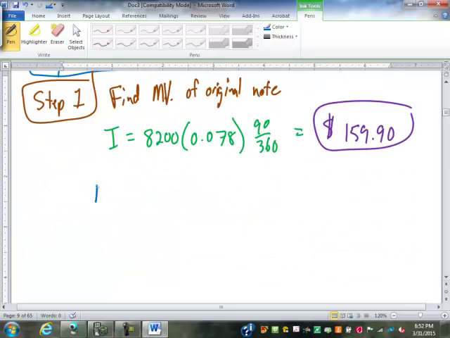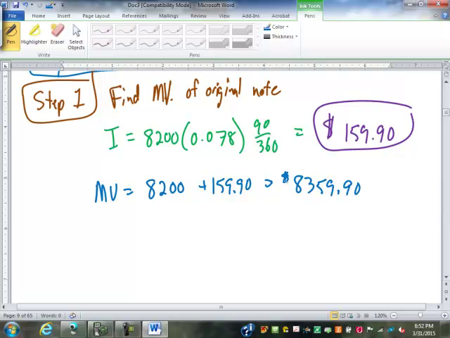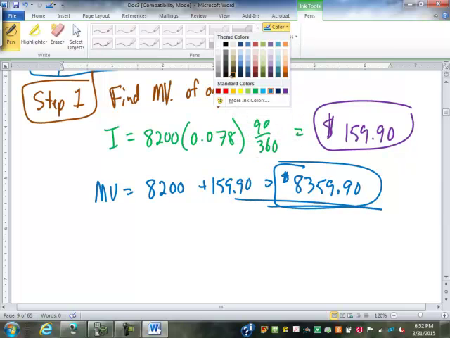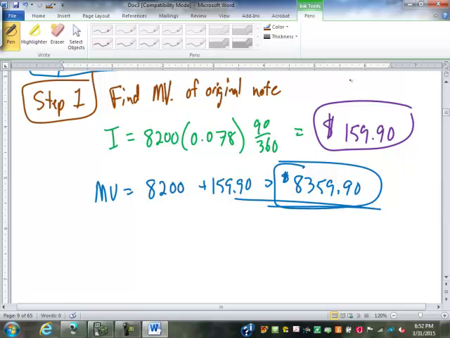So the maturity value, $8,200 plus $159.90 equals $8,359.90. That's maturity value. Questions so far?